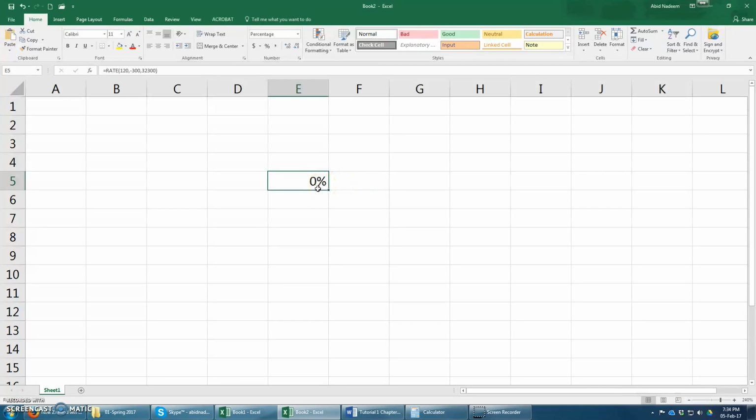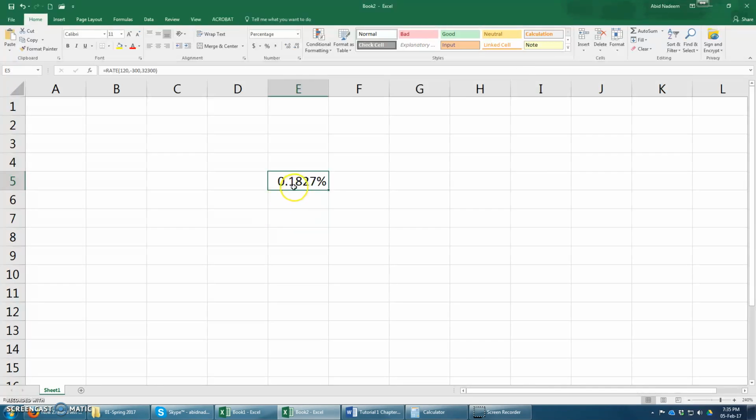In fact, don't believe this value, because this is the default format of the RATE function, which gives the answer without any decimal place. So you need to manually increase the decimal places. Click the increase decimal button 2 times, 3 times, or maybe 4 times.